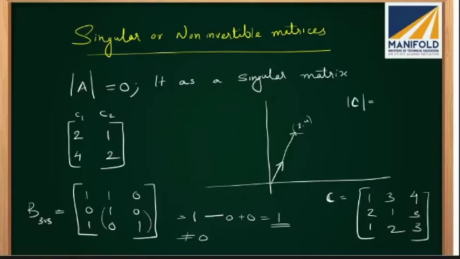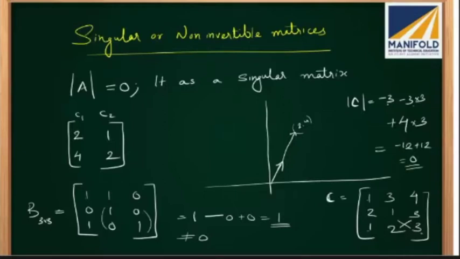If I take this matrix, 1 into 3 minus 6, which is minus 3. Minus 3 into 6 minus 3, so minus 3 into 3, plus 4 into 4 minus 1, so 4 into 3. This is minus 3 minus 9 minus 12 plus 12, so that is naturally 0.